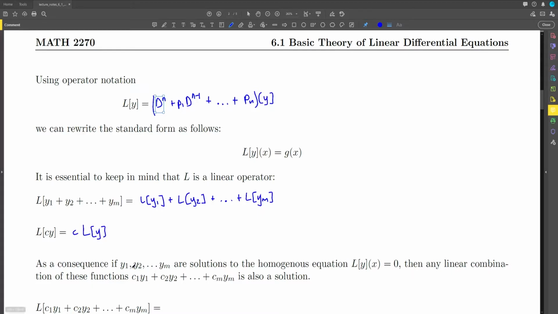As a consequence, if y1 through y sub m are solutions to the homogeneous equation L acting on y equals 0, then any linear combination of these functions, c1 y1 plus c2 y2 up to c sub m y sub m, is also a solution.